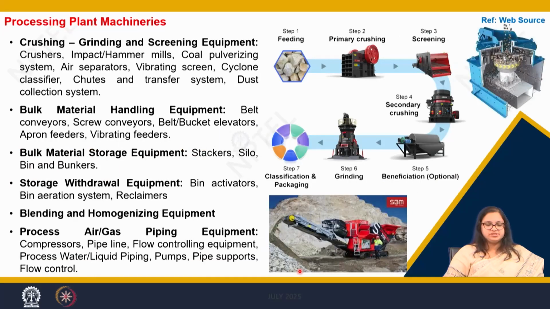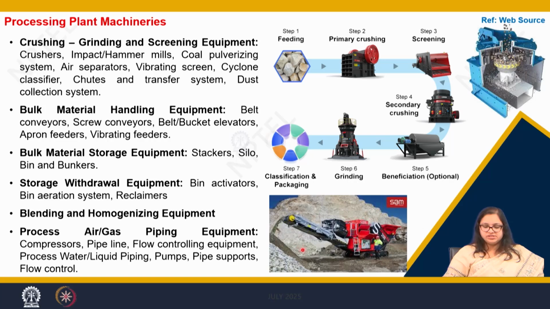So the last class of machinery we see is in the processing plants, which we call processing plant machinery, where there are various operations involved, from feeding the blasted out rock or the excavated rock to the final shape that can be used by the consumer.